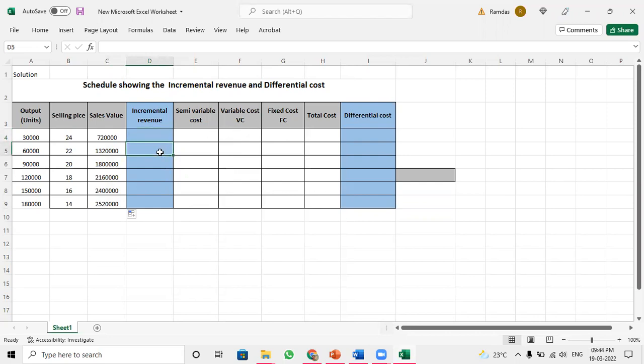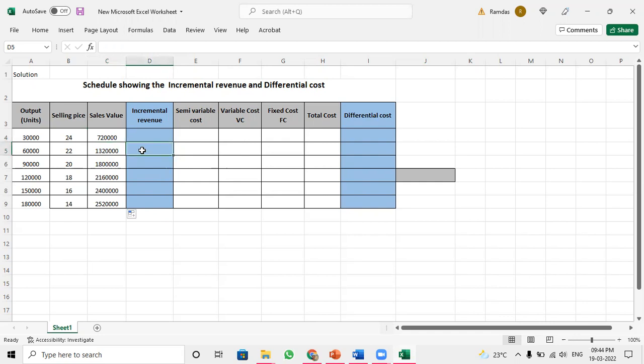Now coming to the second level of activity, from 7,20,000, the level of activity has increased to 13,20,000. This shows an incremental increase in the revenue. That means the current level of sales is more than the previous level of sales.